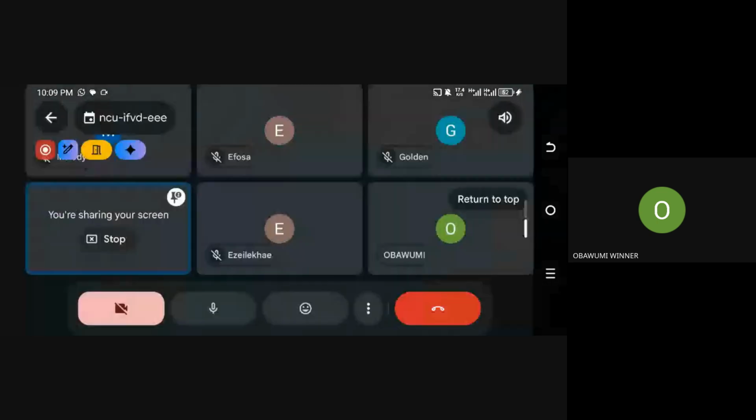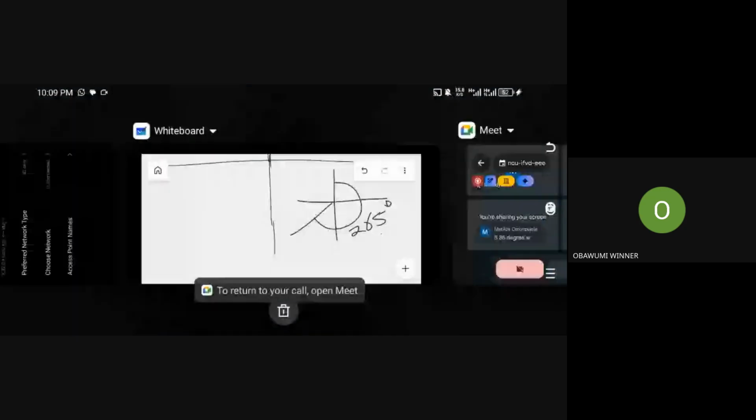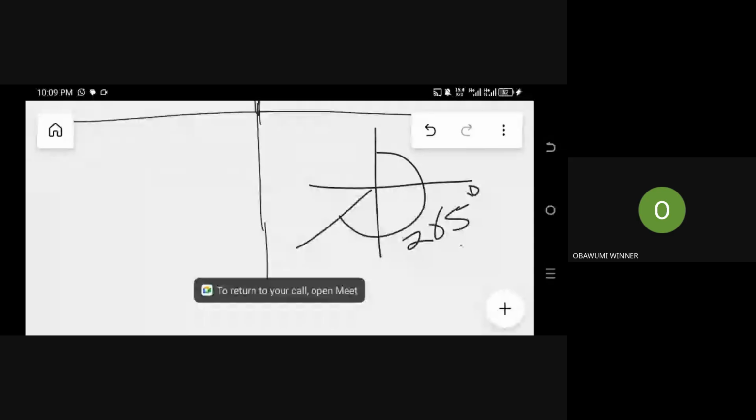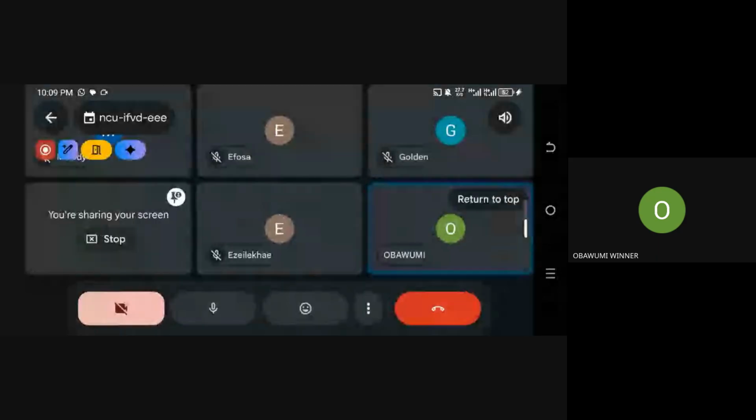We're waiting. South 85 degrees west. South 85 degrees west. I think I agree with that.